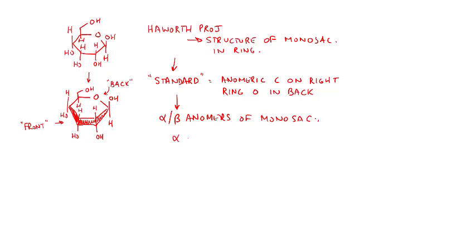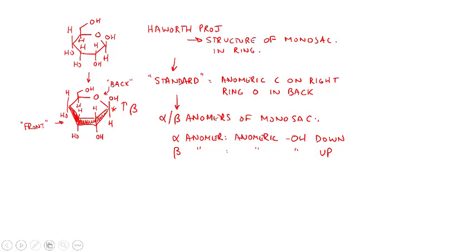Okay, the alpha anomer means that the anomeric OH points down, and the beta anomer means the anomeric OH points up. So in this case, I drew it as the beta anomer. That's our anomeric carbon right there.